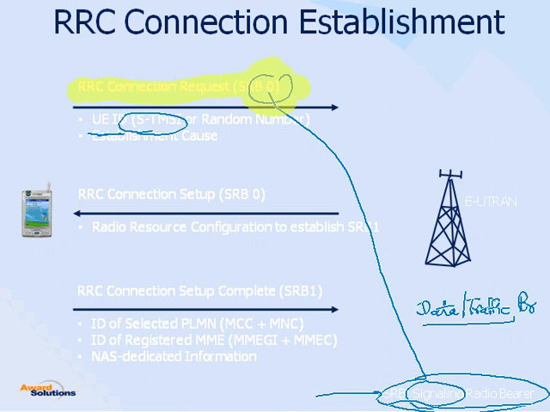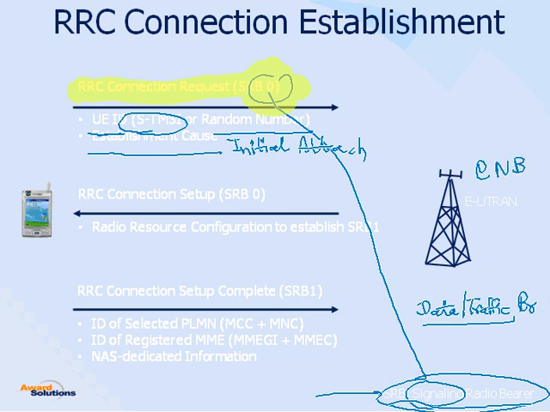Otherwise, we'll generate some 40-bit random number. One of the two. And we will indicate to the network why we want to establish the RRC connection. So we would say something like initial attach, that we are trying to do this kind of operation, and that's why we want to establish the RRC connection.